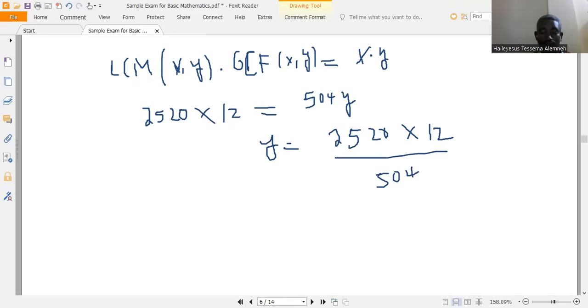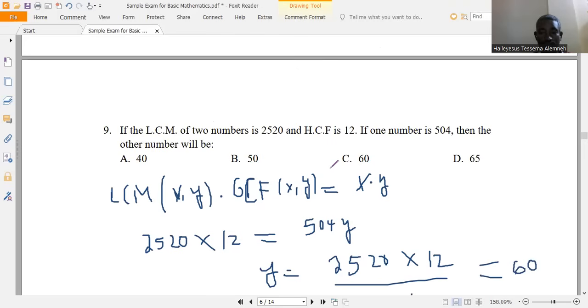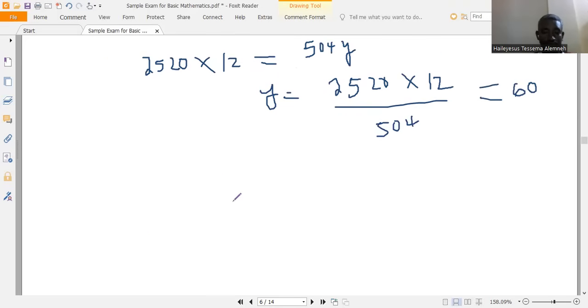So let's use a calculator for this one. 2520 times 12, divided by 504, we get 60. So the solution from this one is C. C is the correct choice.